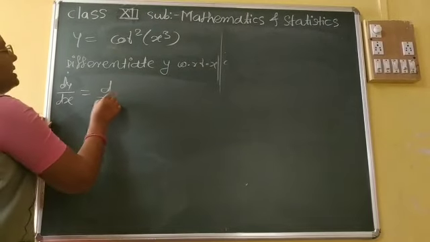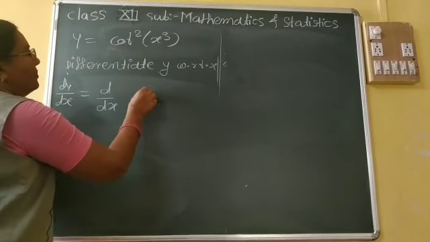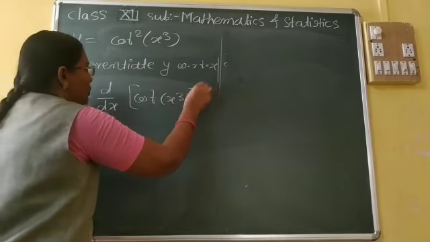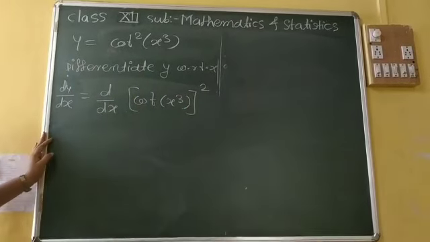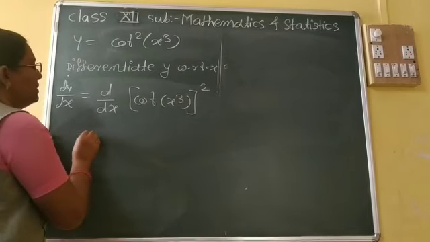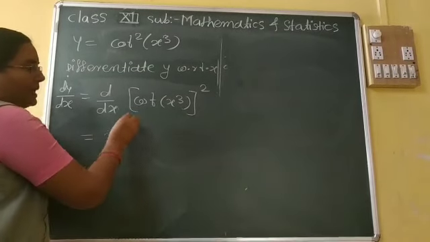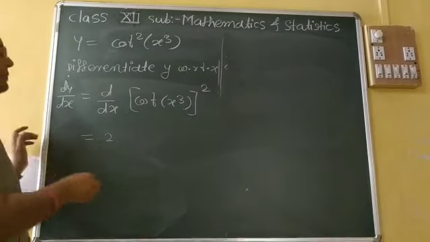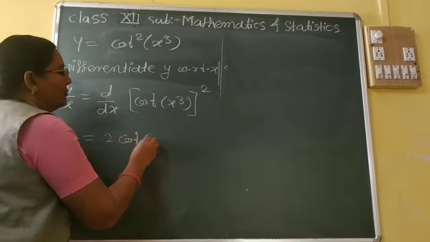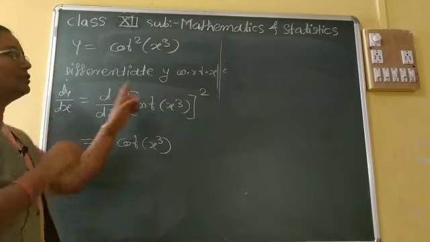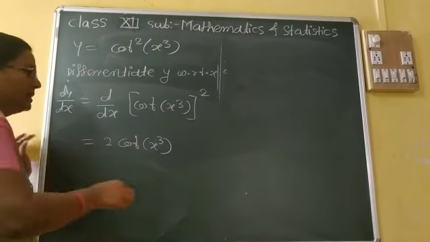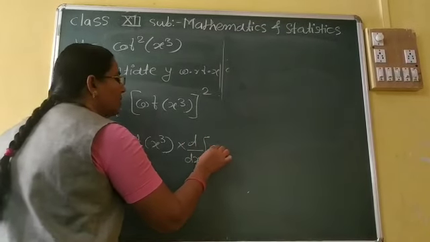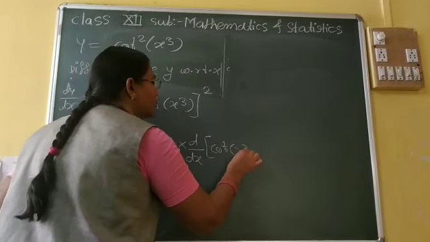It can be written as d by dx of cot of x cube, whole square. Using the index formula, that is equal to 2 into derivative of x raised to n, using this formula, 2 into cot of x cube raised to 2 minus 1, which becomes 1 only. Then again take the derivative of the inner function, that means cot of x cube.